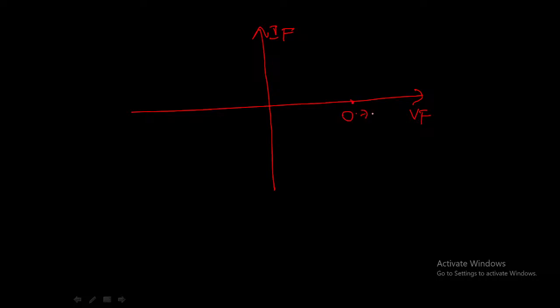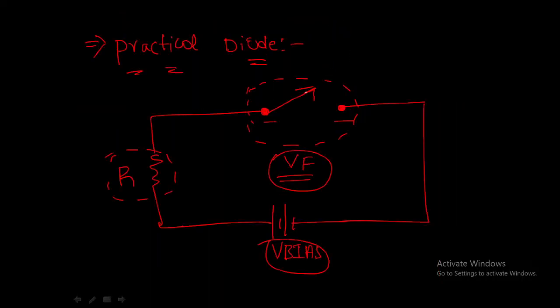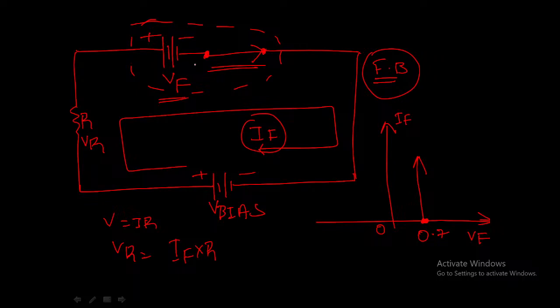If you draw the VI characteristics for these two models, it will look like this: VF, IF. In forward bias, after reaching 0.7 volts, there will be some resistance offered to the current IF, since a small dynamic resistance is present here. In the previous cases, there was no resistance offered to IF flowing through the diode, so the line was straight in the graph.